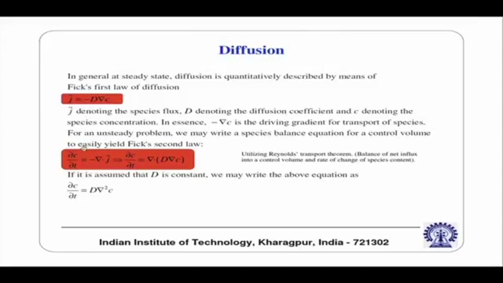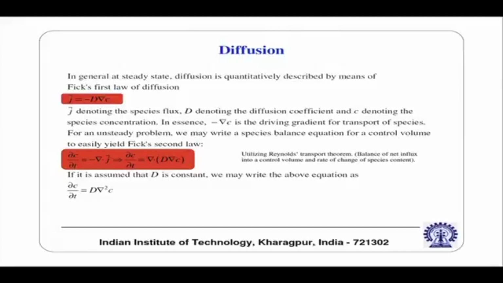So, you can write J is equal to minus D grad C. Remember that when we are writing J is equal to minus D grad C, we are not including the electromigration flux. That means we are considering this as an uncharged species, even if it is a charged species but not subjected to an electric field, then it is as good as an uncharged species.